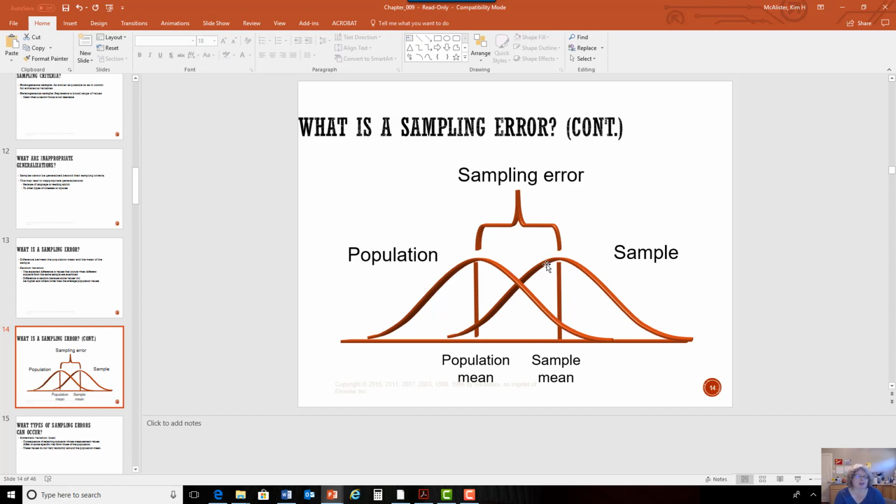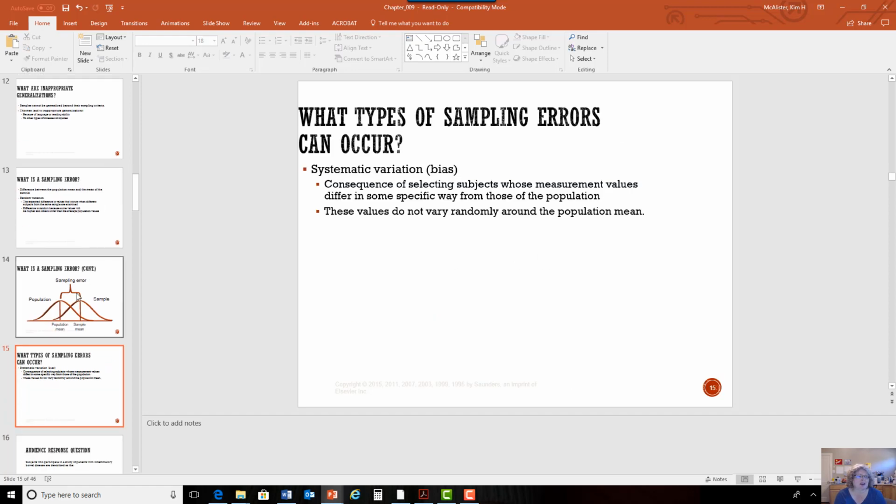And there are a number of reasons for having different errors. Sometimes it can just be because you randomly selected people for the study who were different in some way from the population that you didn't expect.